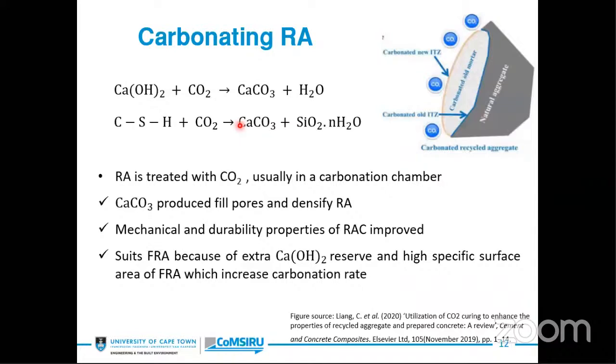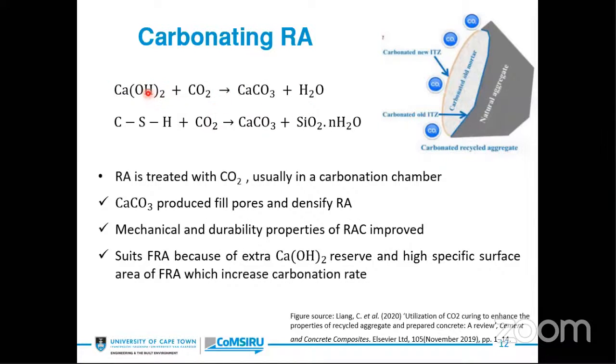I move on to another enhancement procedure, the use of carbonation. Carbonation can be used to enhance the properties of recycled aggregate. Recycled aggregate is treated with CO2, usually in a carbonation chamber. The above reactions occur.